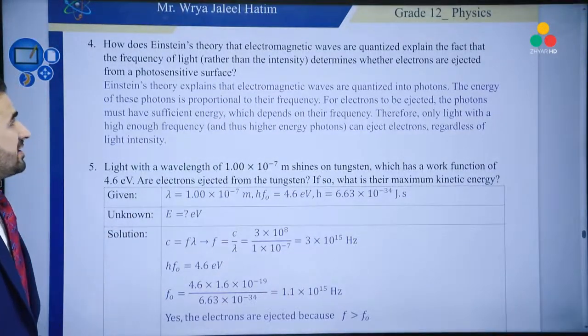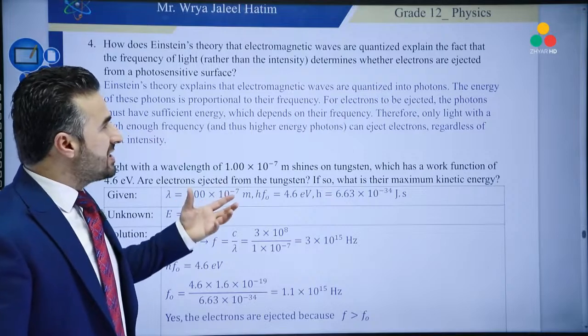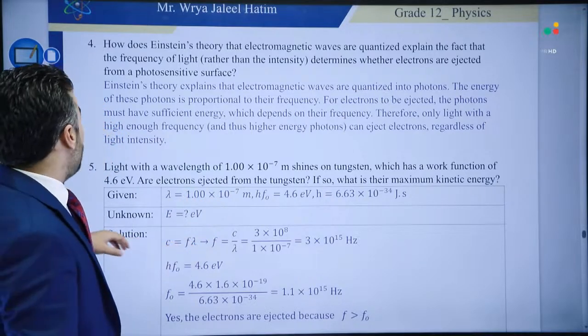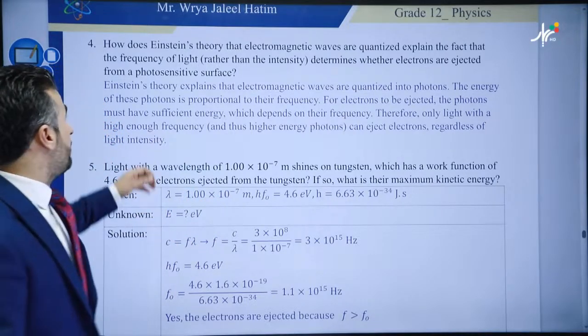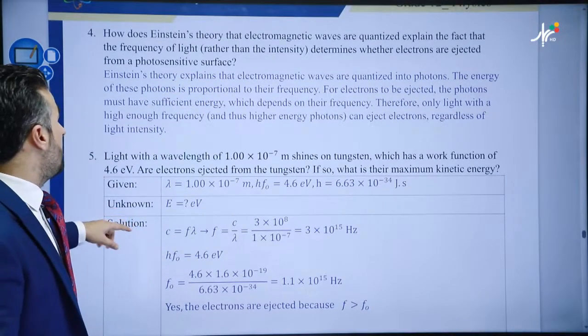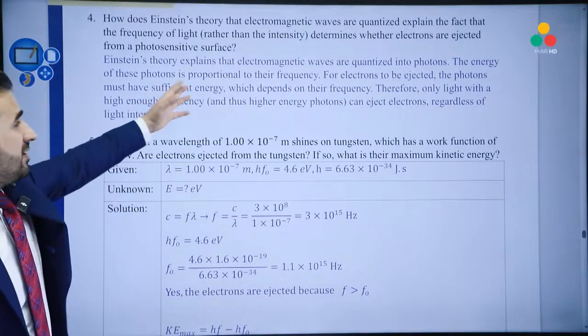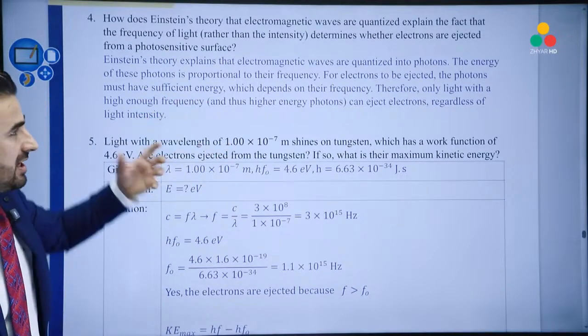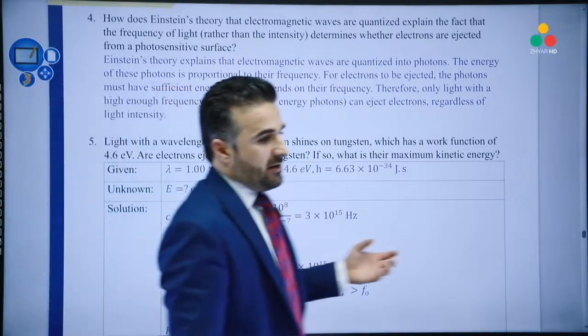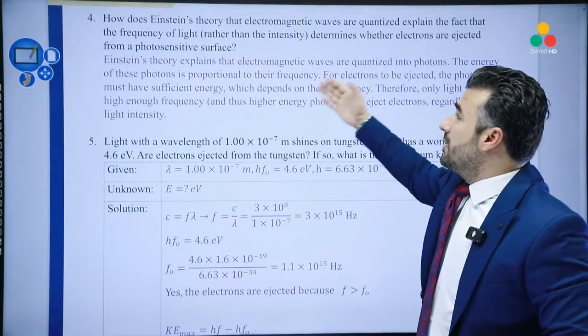How does Einstein's theory that electromagnetic waves are quantized explain the fact that the frequency of light, rather than the intensity, determines whether electrons are ejected from a photosensitive surface? Einstein's theory explains that electromagnetic waves are quantized into photons, and the energy of these photons is proportional to their frequency.